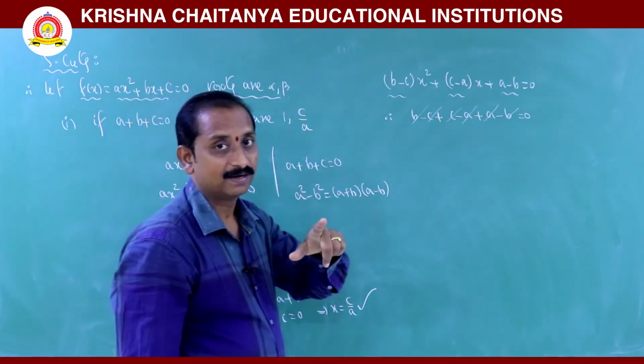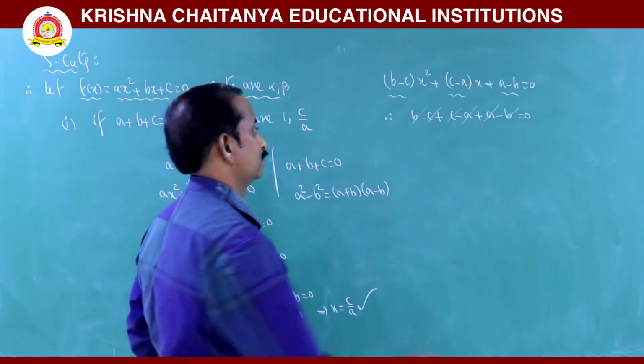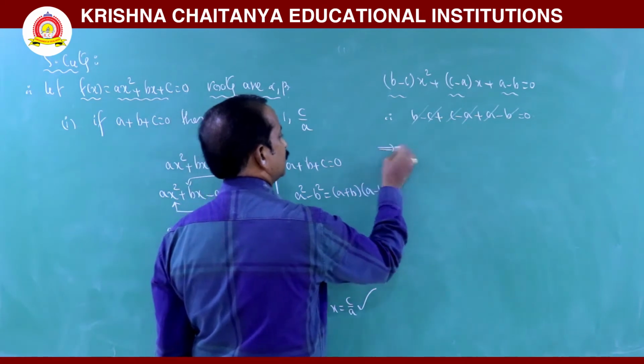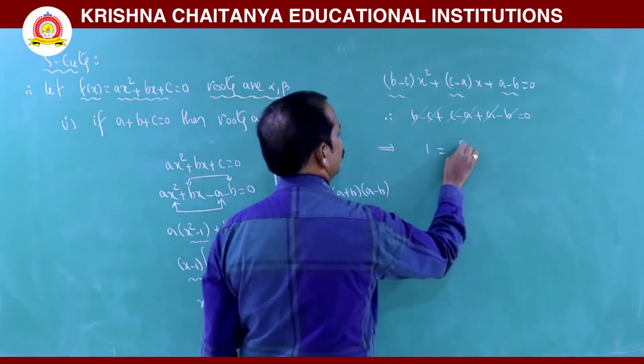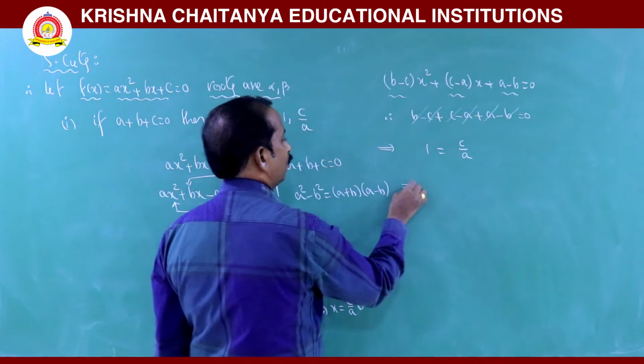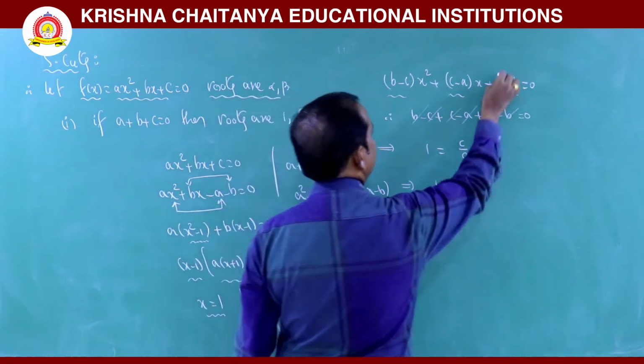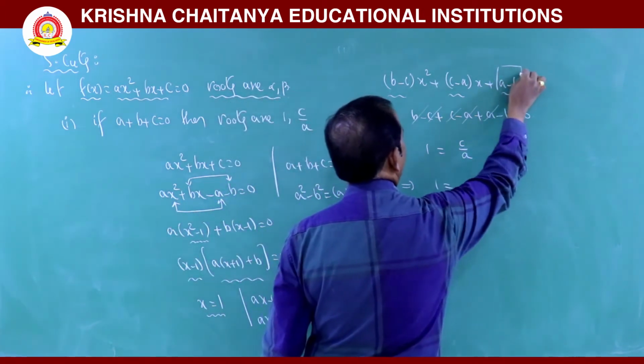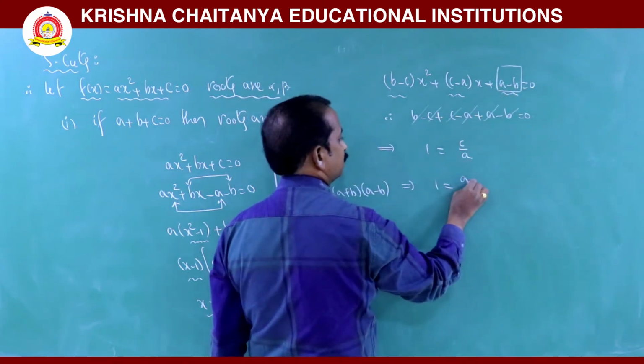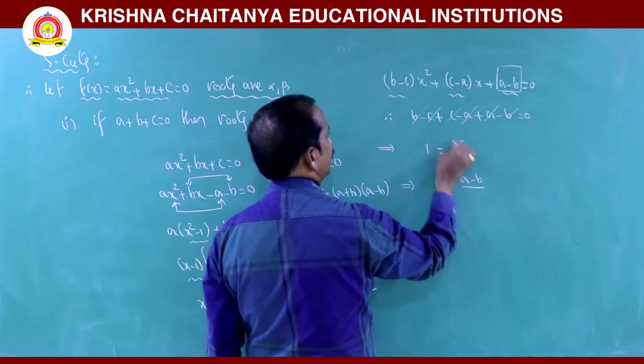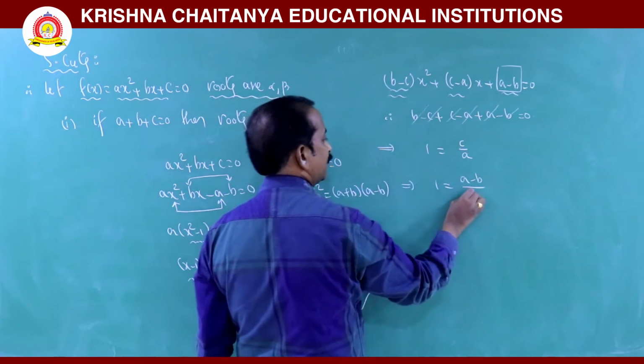What is our data? Roots are equal. So, roots are equal means indirectly 1 is equal to c by a. 1 is equal to c by a, which from the given quadratic equation is a minus b divided by b minus c.